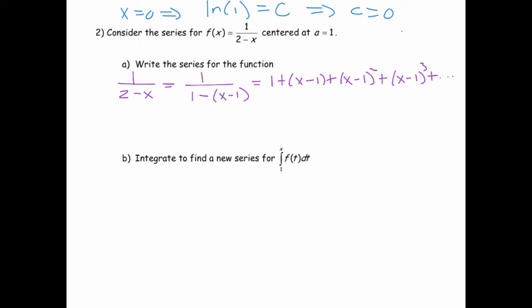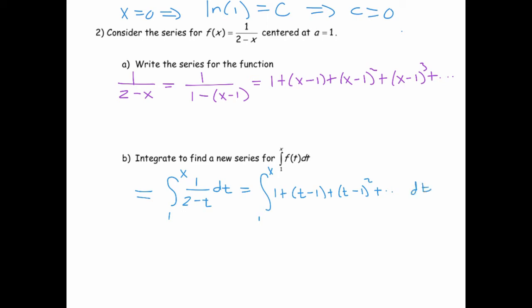So what I might do is just literally plug in. So we're going to call this f of x, so this is equal to the integral from 1 to x of f of t, which was 1 over 2 minus t. But I can write that as its power series, 1 plus t minus 1 plus t minus 1 squared, etc. dt.